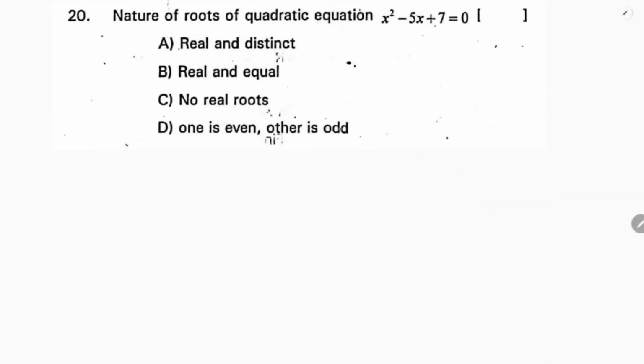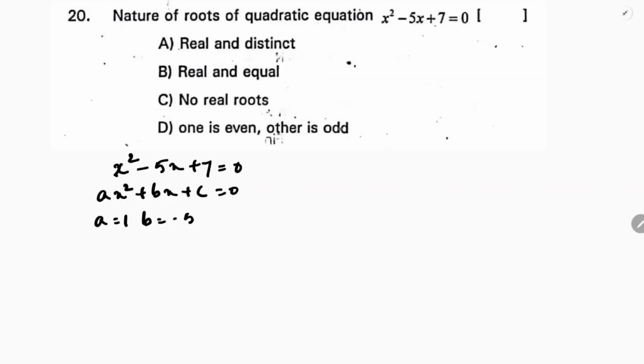Nature of the roots of a quadratic equation. Here the quadratic equation is x square minus 5x plus 7 equals 0. Comparing with the standard one, ax square plus bx plus c, a is 1, b is minus 5, c is 7. To find the nature, we need to find the discriminant b square minus 4ac.